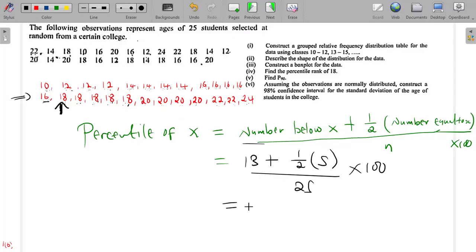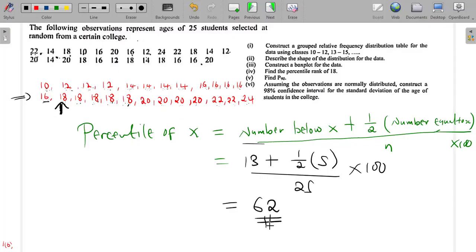Let's deal with this now on the calculator. I have 13 plus half of 5, which is 2.5, so 13 plus 2.5, then multiplied by 100, and then divided by 25. That gives me 62.